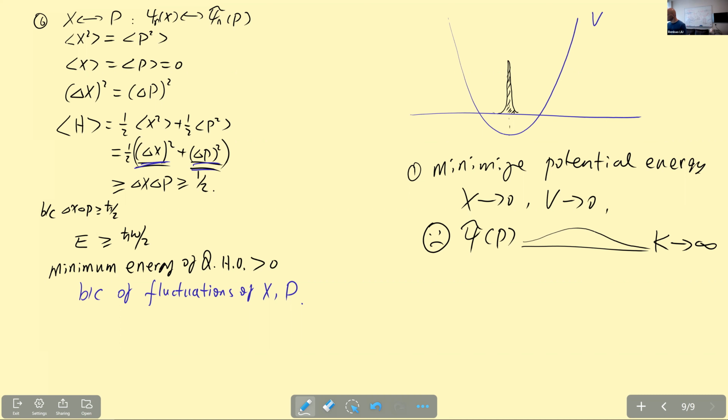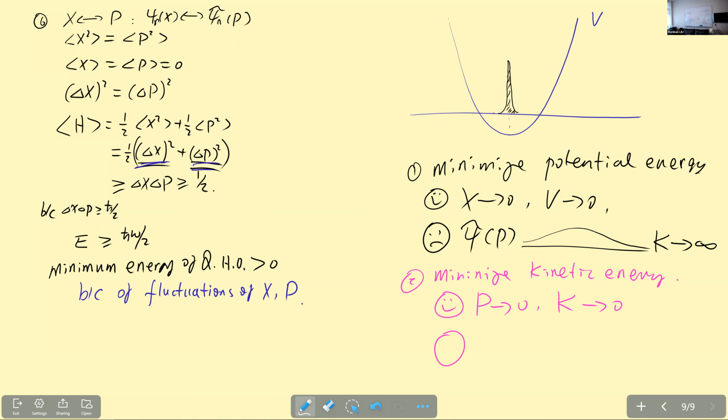This one is happy, but this one is unhappy. Of course, you might say, how about if I try to minimize the kinetic energy? So that means I make P go to 0, which means the kinetic energy goes to 0.